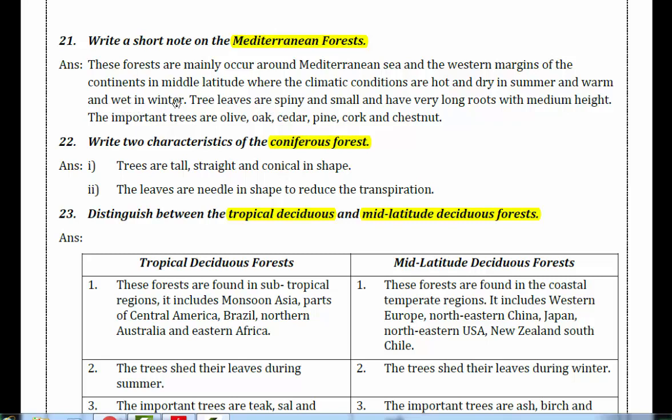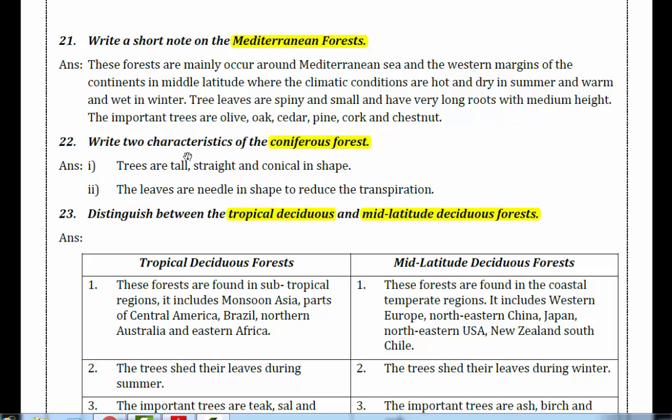Tree leaves are spiny and small and have long roots with medium height. Important trees include olive, oak, cedar, pine, cork, chestnut, etc. So these are all about the Mediterranean forest.